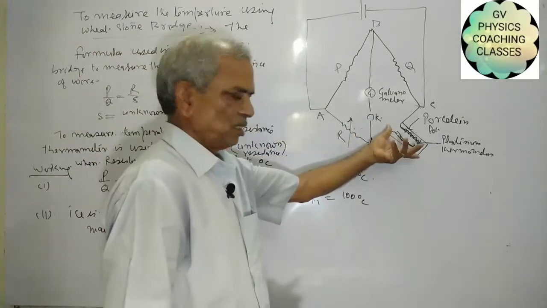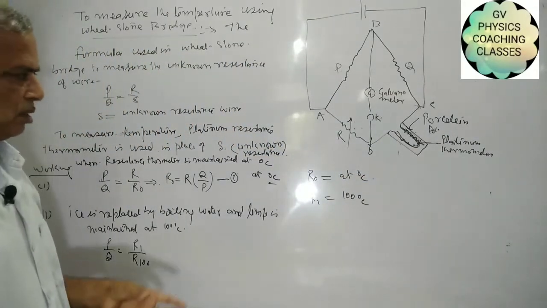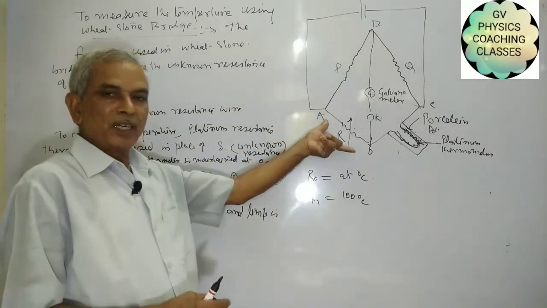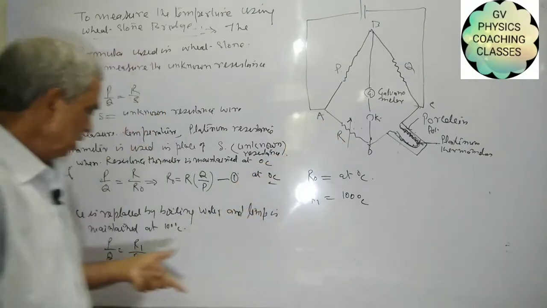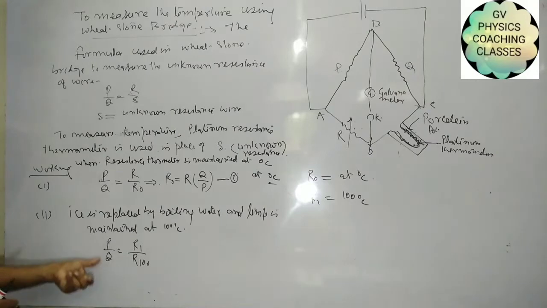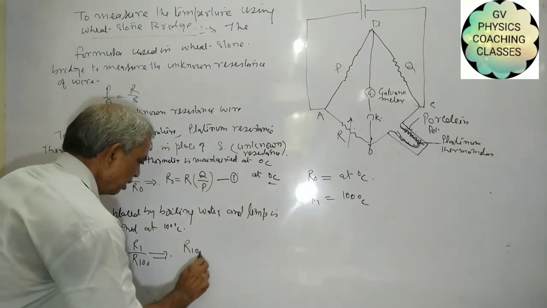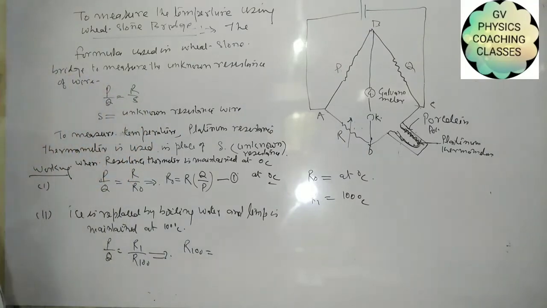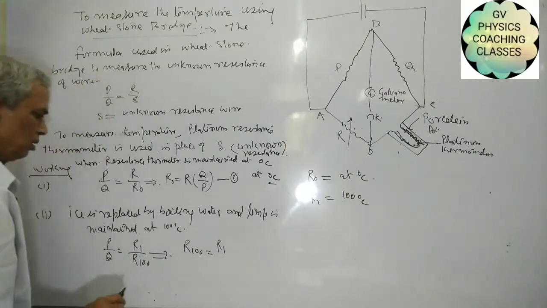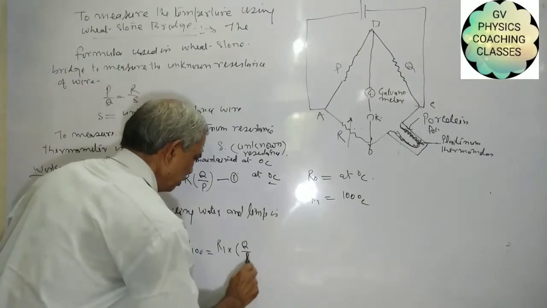R100 is the resistance of this platinum thermometer wire, and R1 is the value of this variable resistor. So R100 equals R1 into Q upon P.